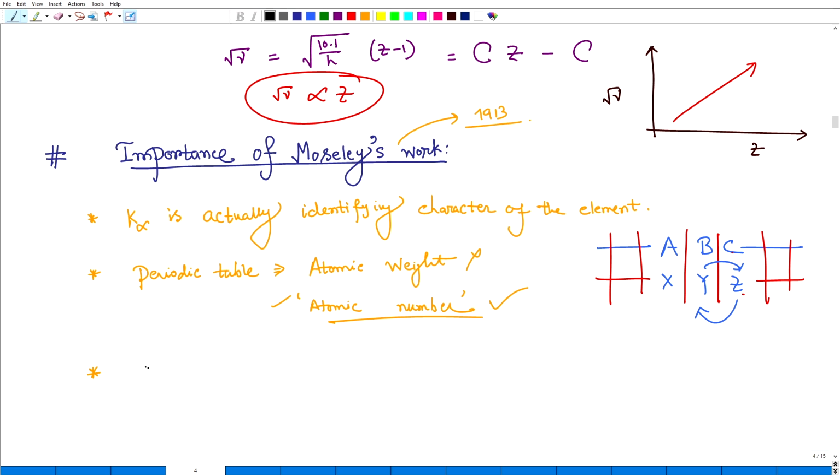So, the vacant places of the periodic table, actually, okay, let me write it, have been possible to fill. Okay. So this is another important outcome of the Moseley experiment.